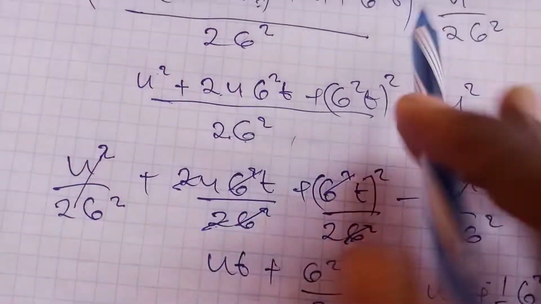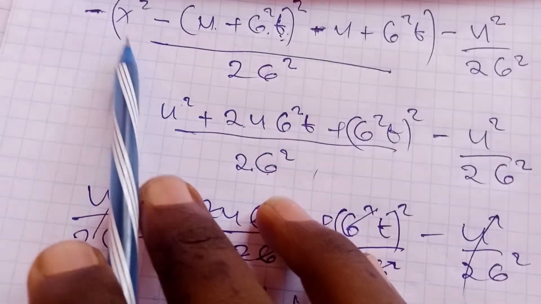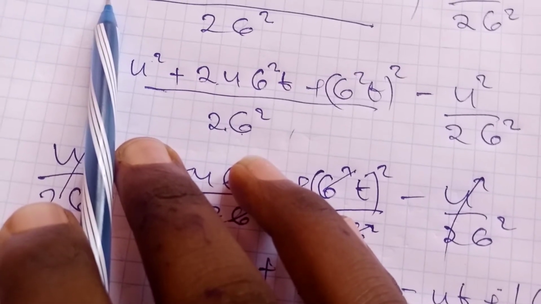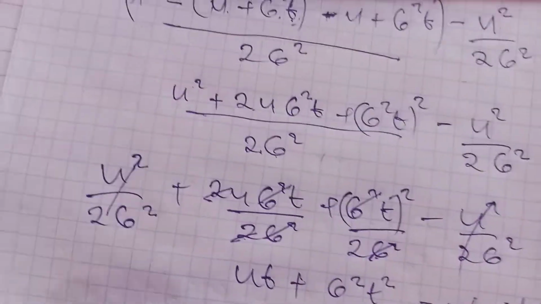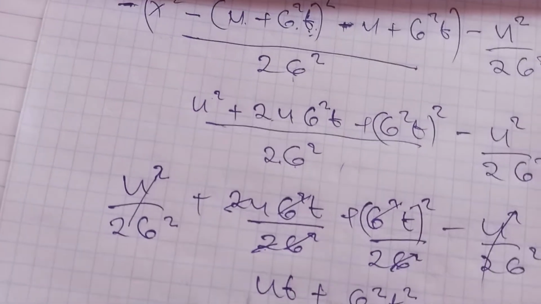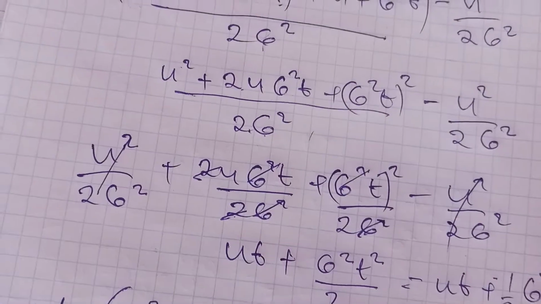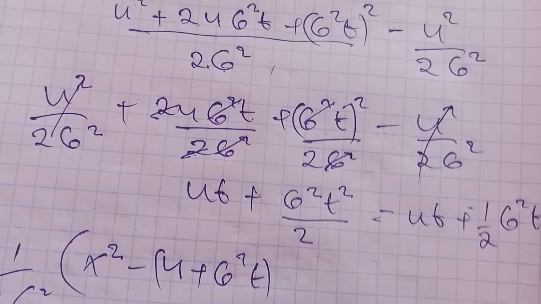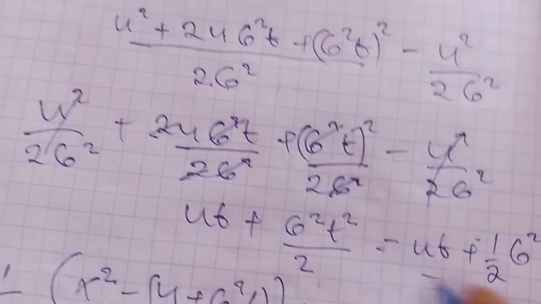Now from there you are going to take our equation here. I'm going to replace it with this one, so it will be minus 1 over 2 sigma squared, x squared minus u plus sigma squared t, now plus this one.